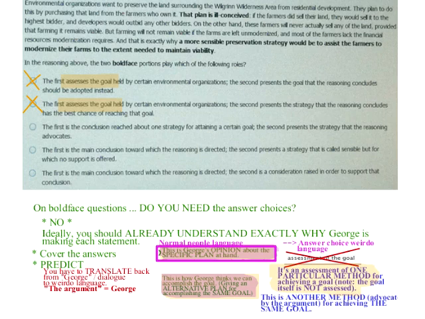What about this one? The first is the conclusion reached about one strategy. Oh my gosh, that is almost exactly what we said. That's pretty sweet. And then main conclusion, is this the main conclusion? It's not.